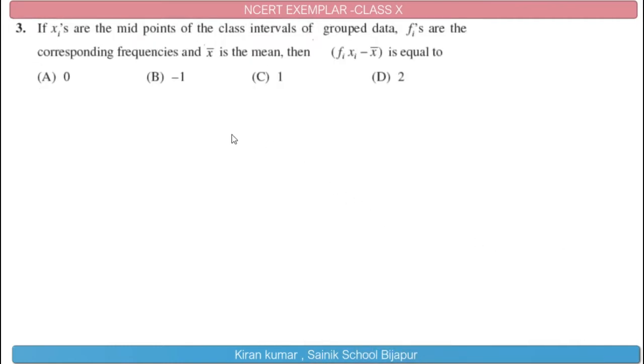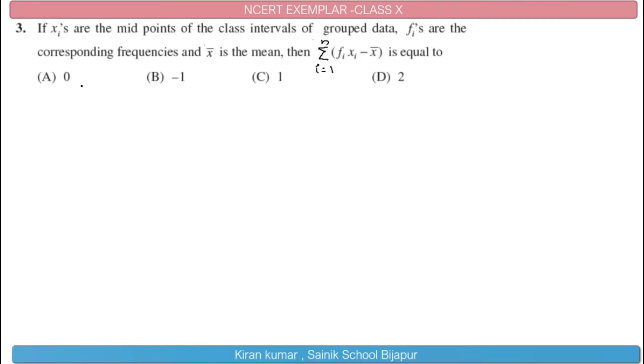Question number 3. If xi's are the midpoints of the class intervals of group data, fi's are the corresponding frequencies, x bar is the mean, then sigma fi xi minus x bar, where i is from 1 to n, is equal to? We need to check by calculating.